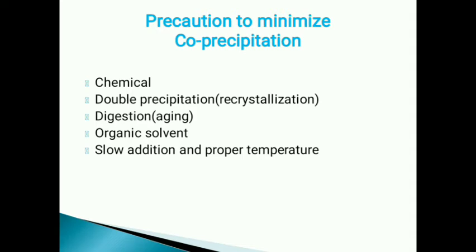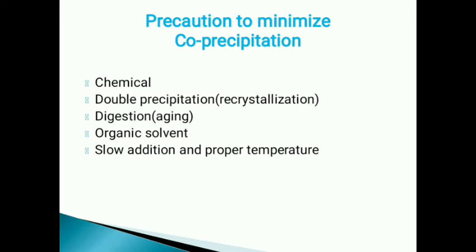Next is digestion. Operations like digestion or aging, whenever possible, should be carried out after precipitation of the compound. Means it is not carried out during the precipitate formation. The aging process is used for precipitates like barium sulfate and AgCl. This is the best example for it. Next is the organic solvent.